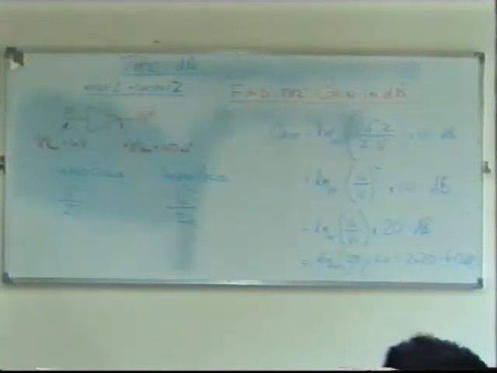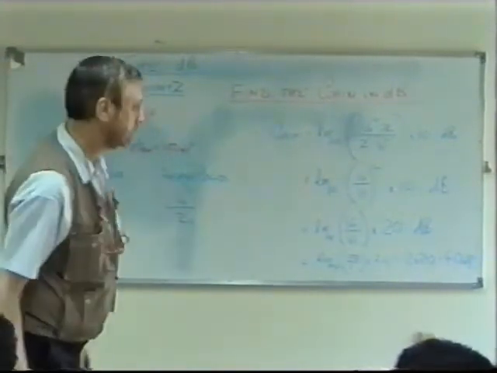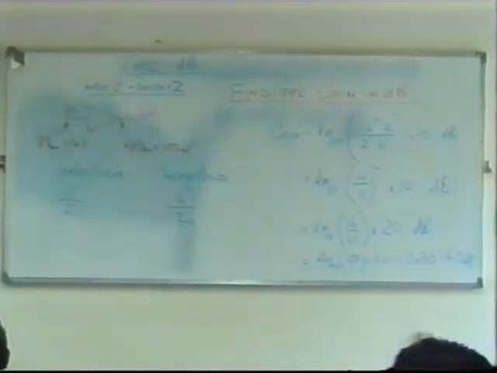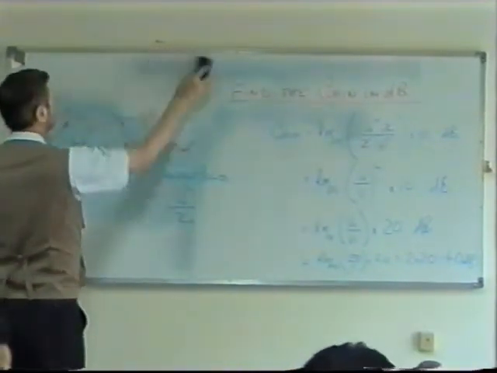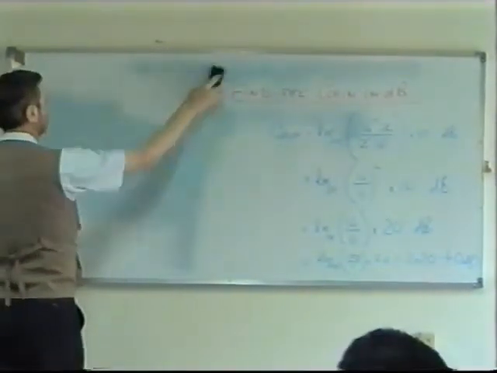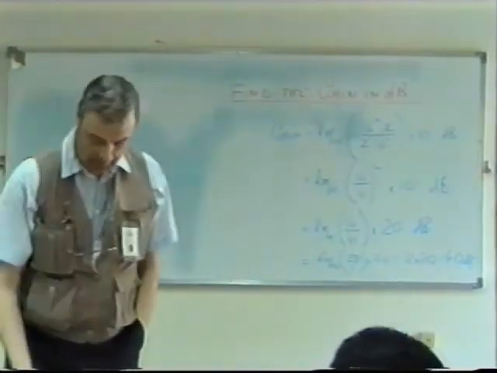Whereas if we amplify, we add energy to it, power, we increase. We get a plus dB value. And I'm going to put a little example here of a complex system.